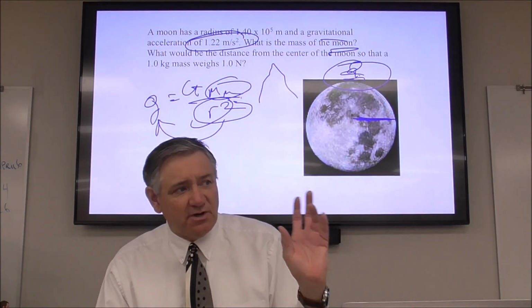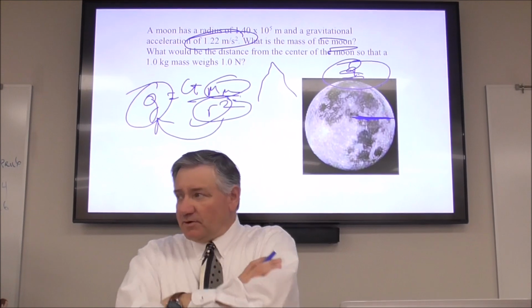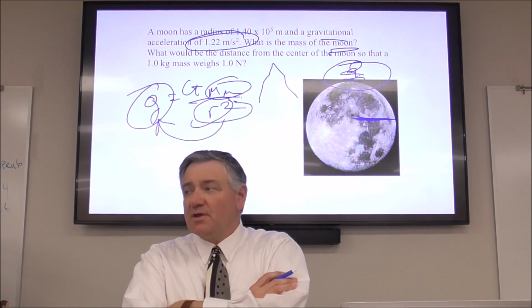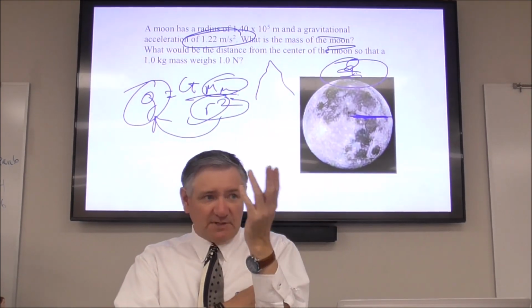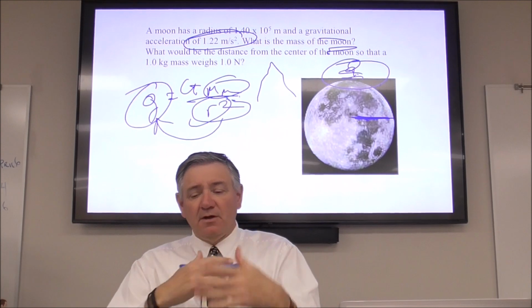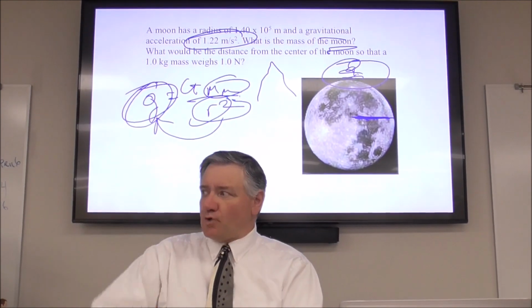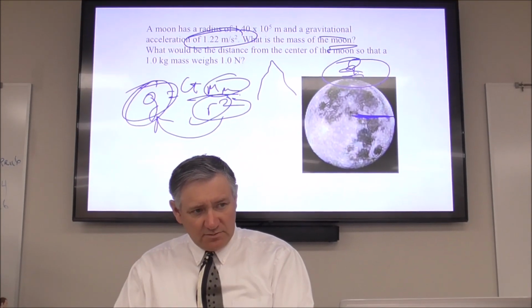But here's what I want you to understand about this. There's a couple of things I want you to remember about this acceleration. Number one, it's on Earth, it's not constant. It changes depending upon where you are. The other thing that's important is that the mass of what you drop doesn't affect the value of little g.